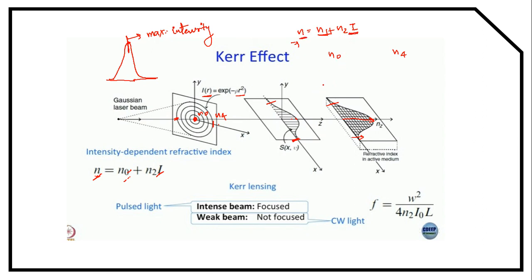The intensity at point n0 is greater than the intensity at point n4, and therefore the resultant refractive index at n0 is greater than the refractive index at n4. So within the same beam we get different values of refractive index.